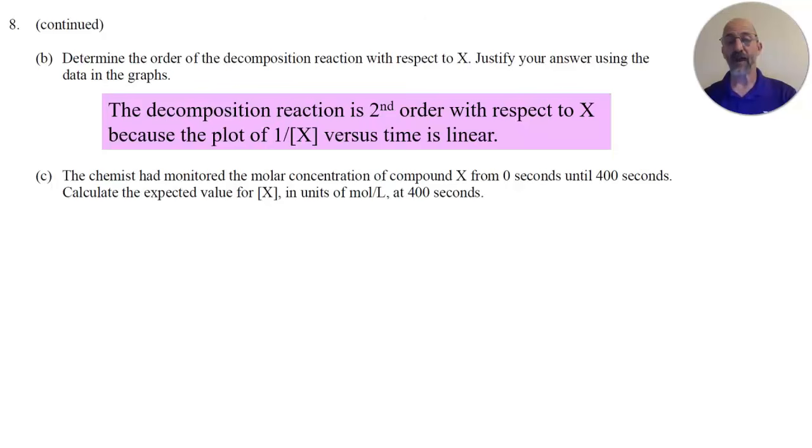Now, you may remember that we only stopped at 300 seconds, but there was another data point with a question mark. It says in part C, the chemist had monitored the molar concentration of compound X from 0 seconds until 400 seconds. This was not on the graph. Calculate the expected value for the concentration of X in units of mole per liter at 400 seconds.